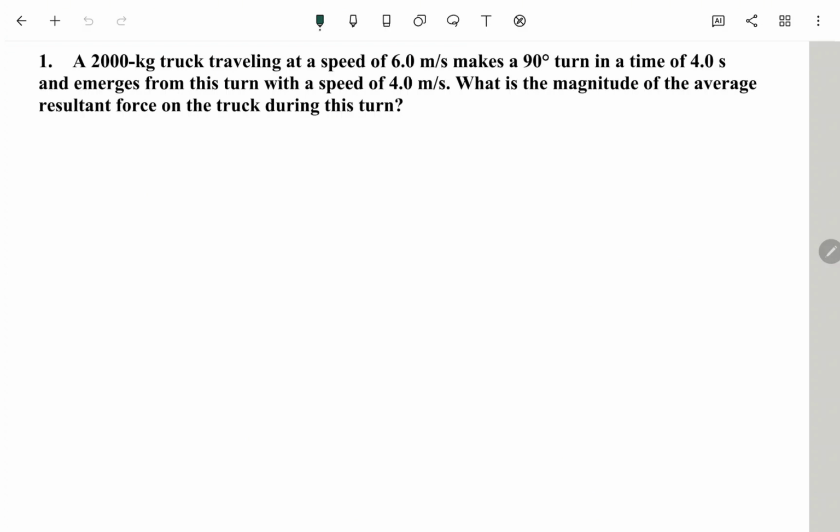Now to solve this one here, let's find Fx average, which equals delta p over delta t.